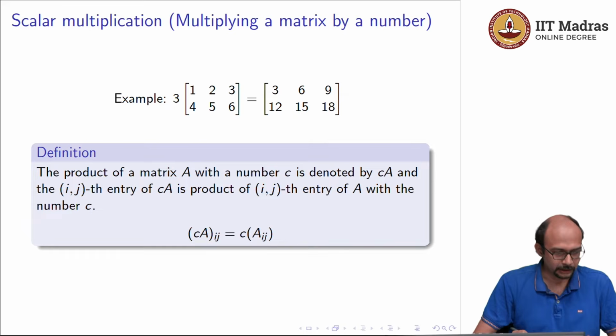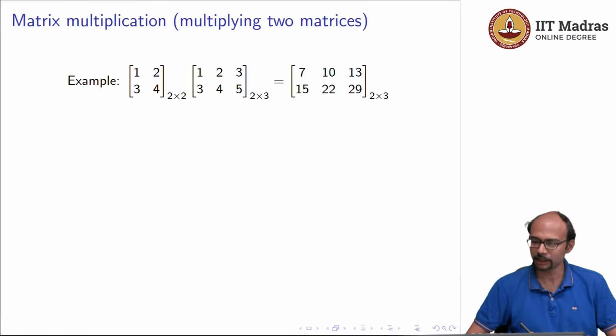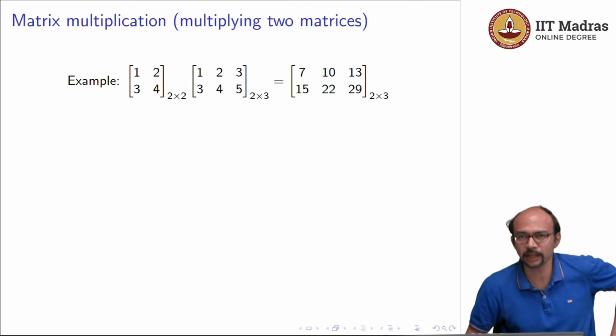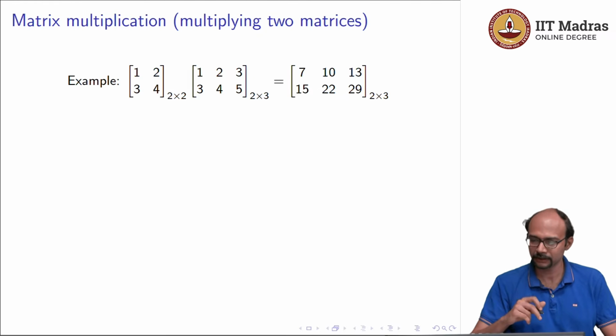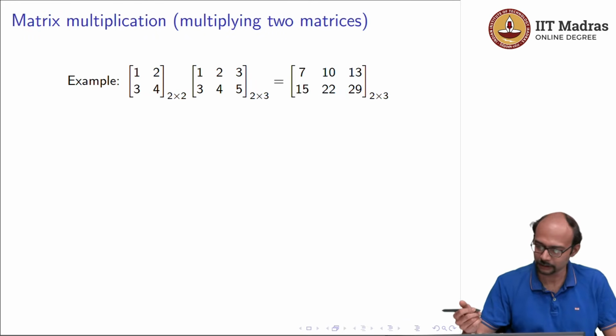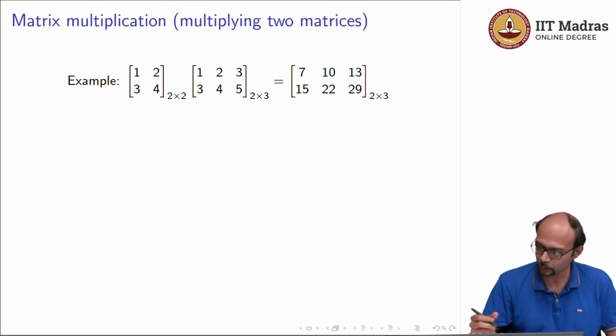Then let's move on to matrix multiplication. This is really the relatively harder thing to do. So let's look at how to multiply matrices. Here's an example. Let me explain that example before we see how this equality comes about. Let's explain this 7.